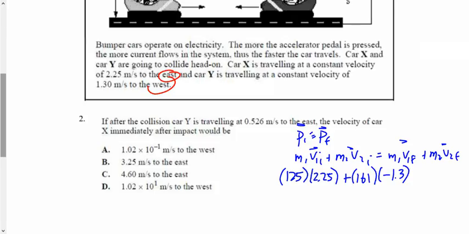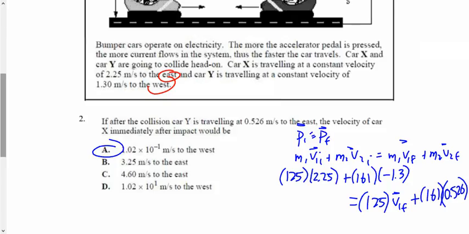So 2.25 and negative 1.3 equals, mass 1 is 125, V1F is what we're looking for, mass 2 is 161 times V2F, which was 0.526, and that was to the east. So we solve for V1F here, and it works out to be 0.102, or 1.02 times 10 to the negative 1 to the west. Negative 0.102.